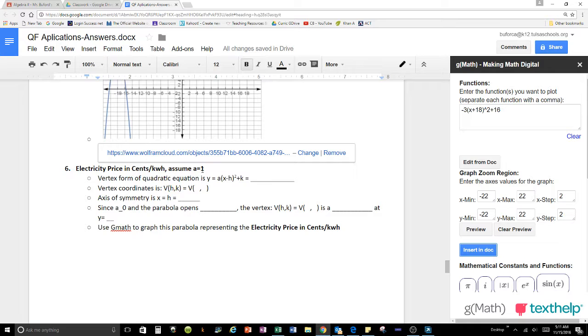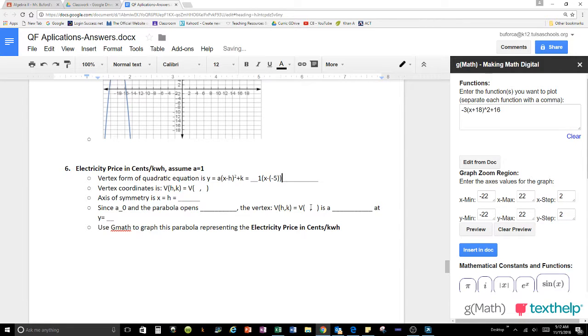So here we have a is equal to 1. So that's 1 times x minus, and since h is negative 5, we put parentheses, minus 5, control period 2, control period, and k is equal to plus 5, we put 5.